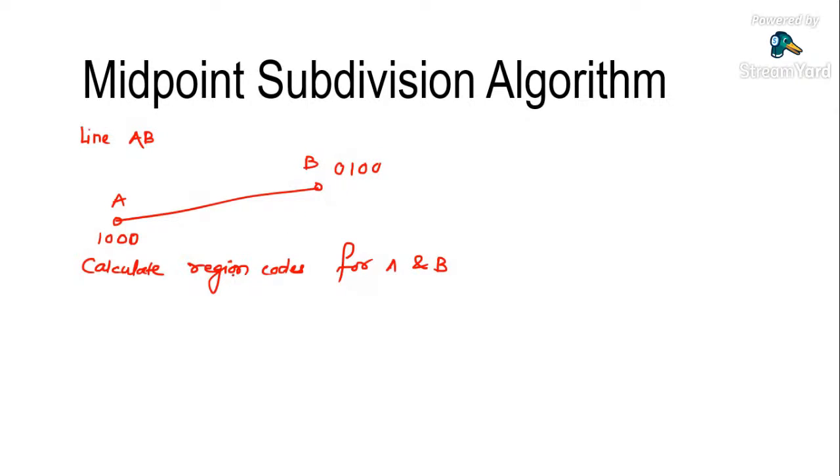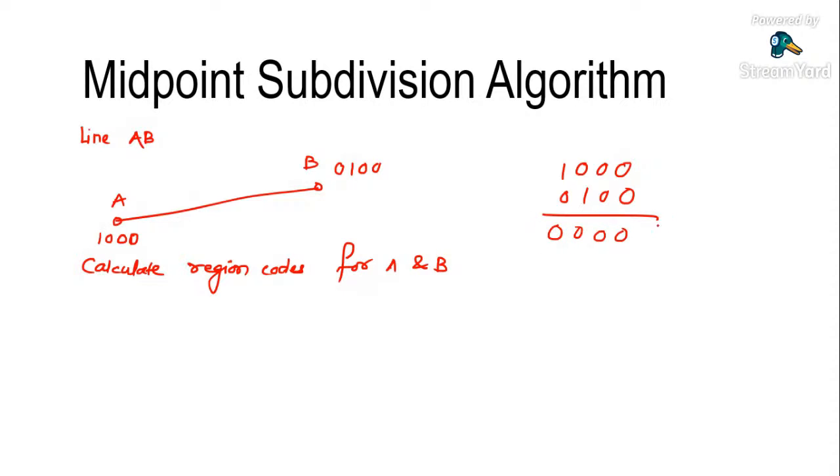Then, as A and B have non-zero codes, it means that the line is not completely inside. You have to find the AND of 1000 and 0100. That is 0000. It shows that the line is somewhere clipped by the window.